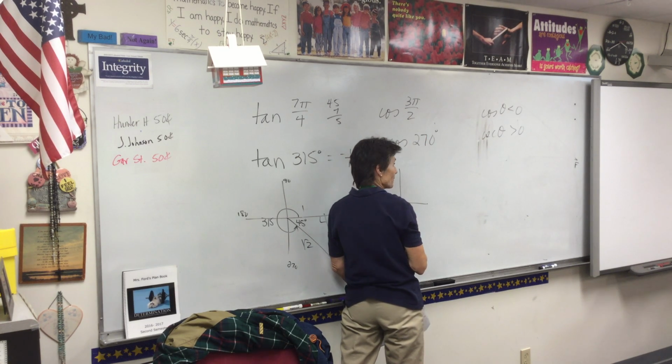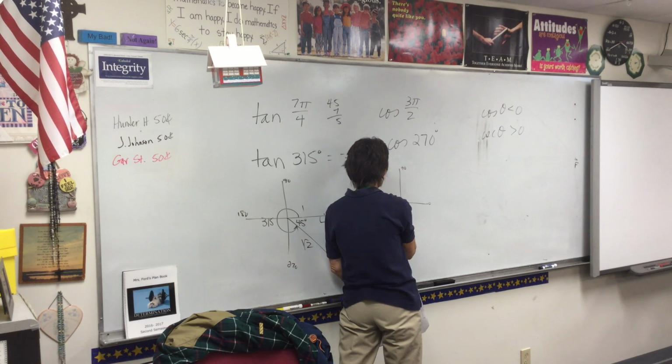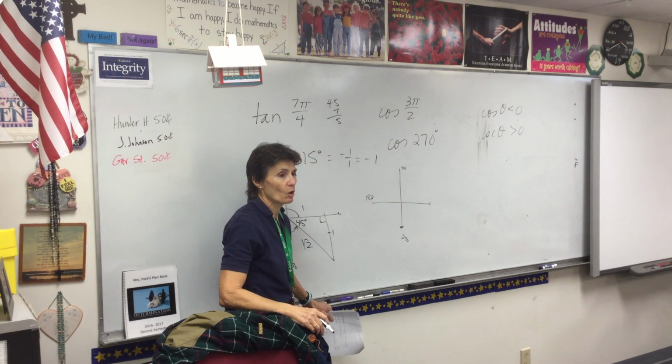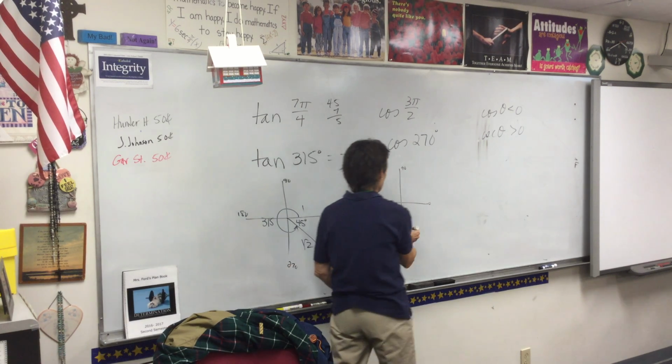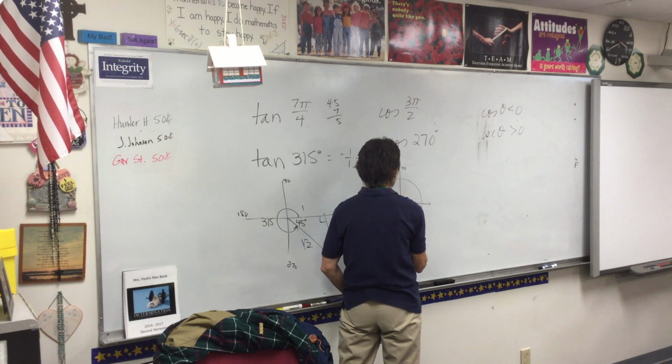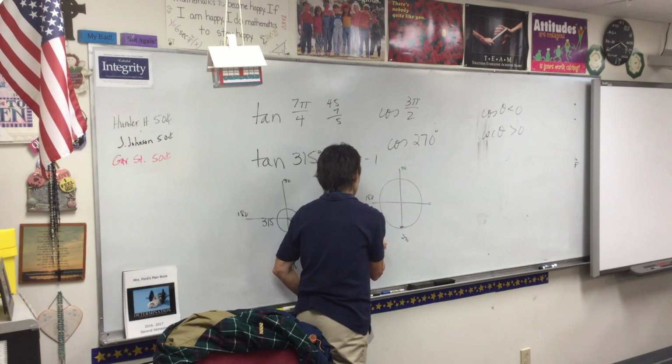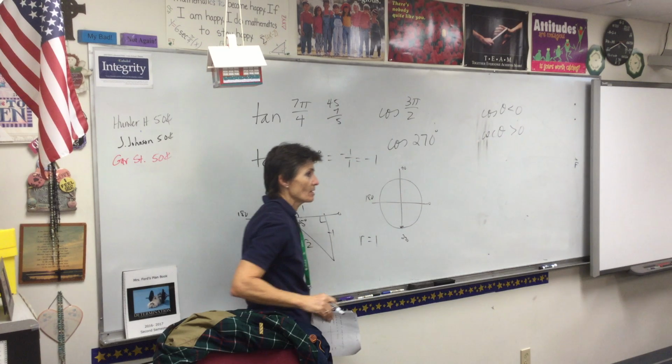And what's different about this one is, where's 270? It's on the line. What do we do differently when our angle is on the line? We draw a circle. The radius of the circle is 1.